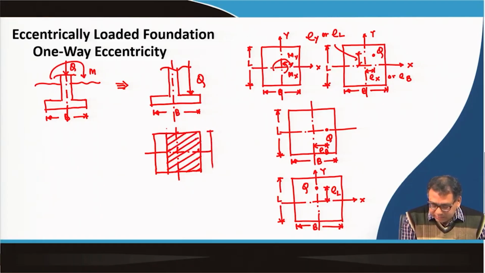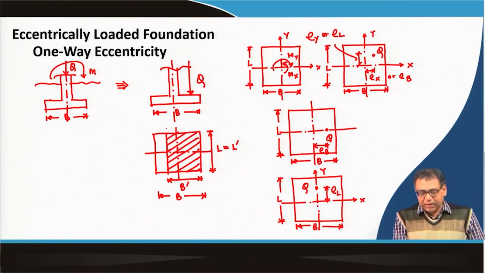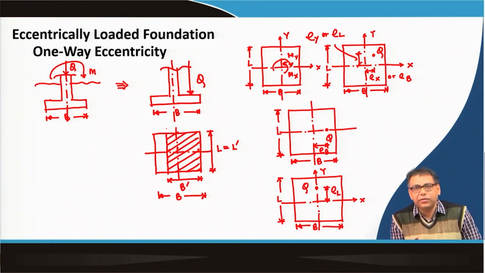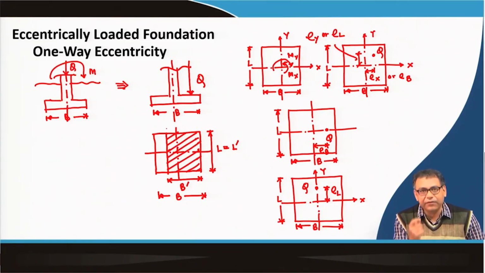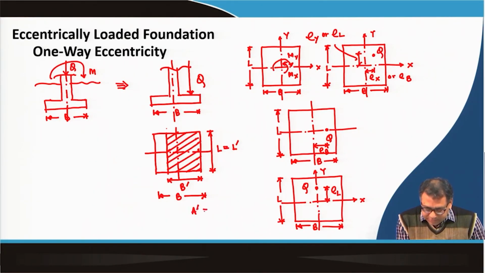So, I can write this is my L, length of the footing, or L dash, and initially the width was B, now the effective width has been reduced to B dash. Now the footing will not get the total area, that is L into B. It will reduce to an effective area A dash, which is B dash into L dash.